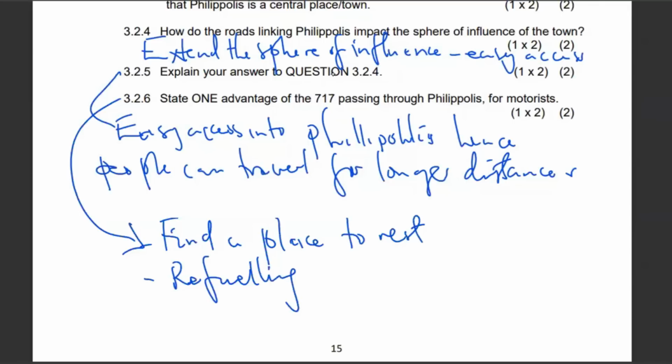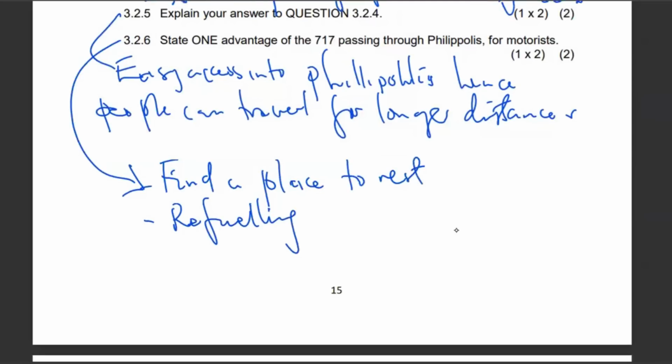Motorists can take a chance to refuel because the 717 is passing through Philippolis. And also, we can look at easy access to services. If the motorists want to access services, like for example, banking, then the route is passing through Philippolis.